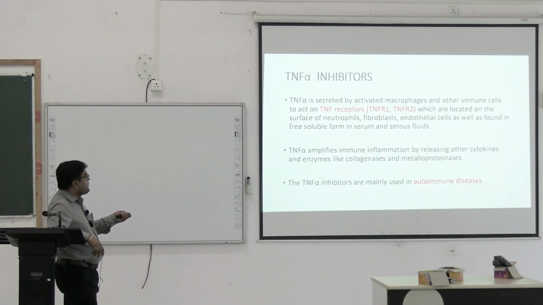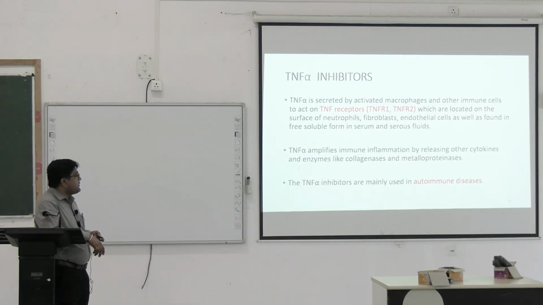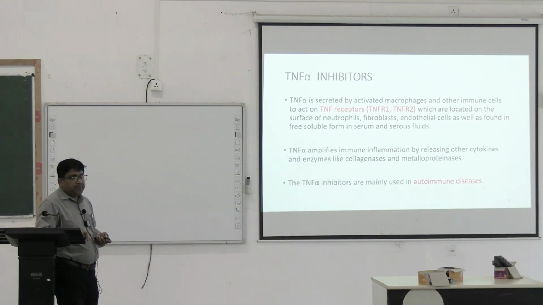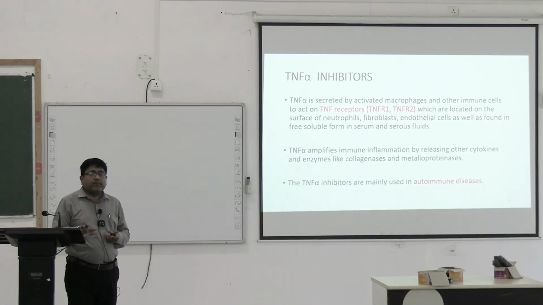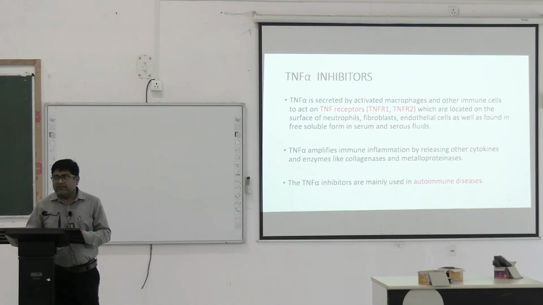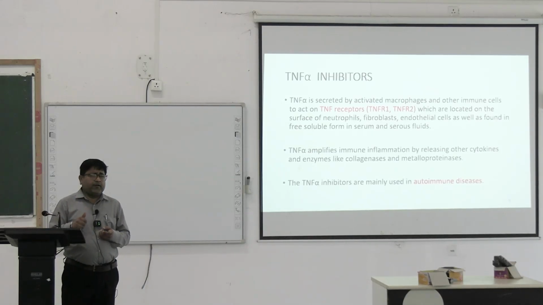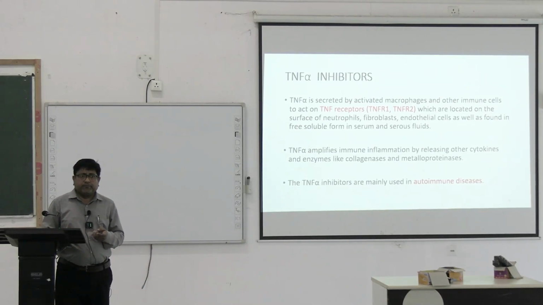TNF alpha amplifies the immune inflammation by releasing other cytokines and enzymes like collagenase and metalloproteinase. Now, TNF alpha inhibitors are particularly useful in autoimmune disease. Examples include infliximab, which is more commonly used, etanercept, and adalimumab.